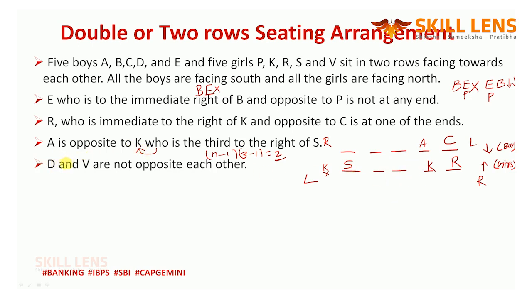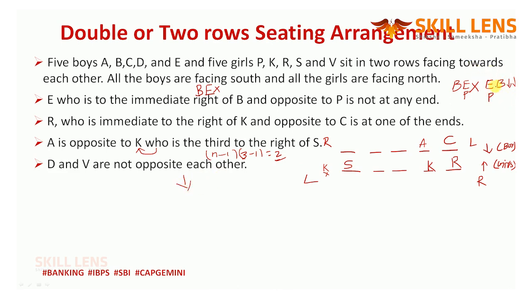What is the next point here? D and V are not opposite to each other. Guys, if you closely observe, D and V are not opposite to each other, so let this point aside.